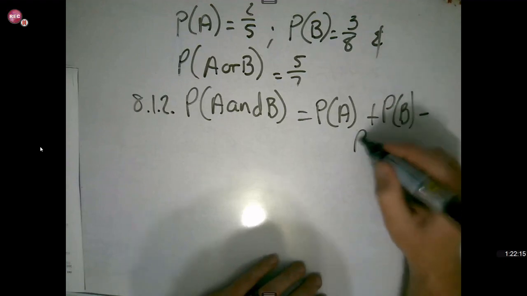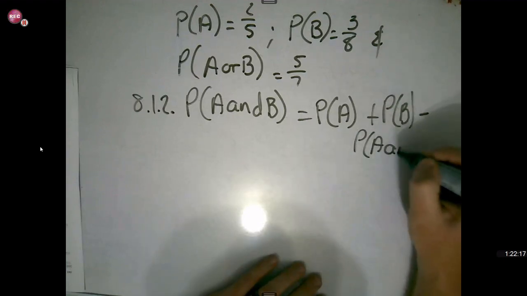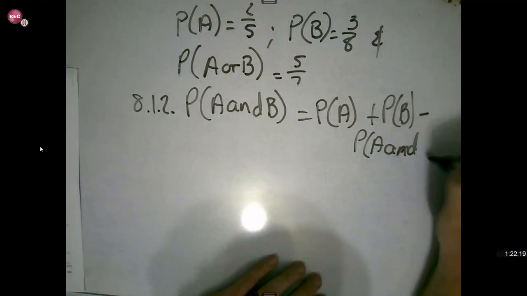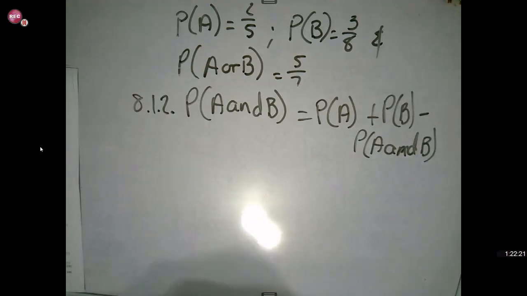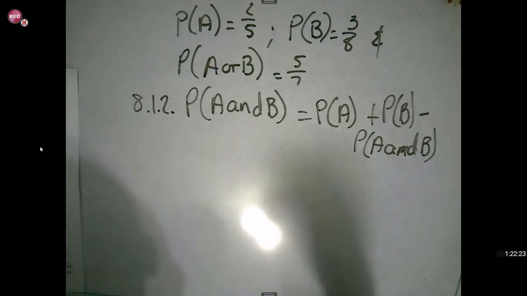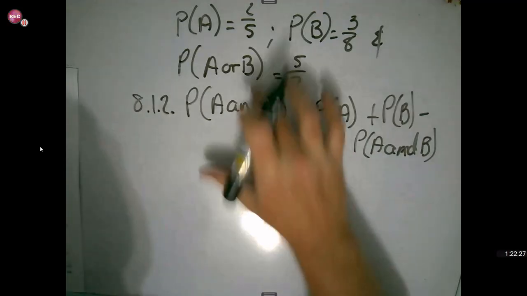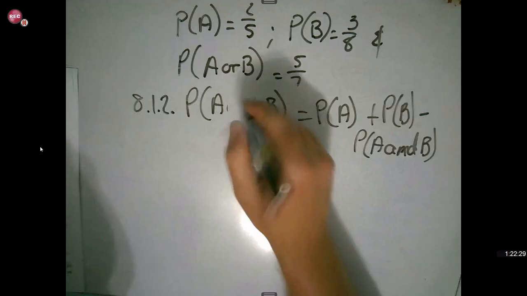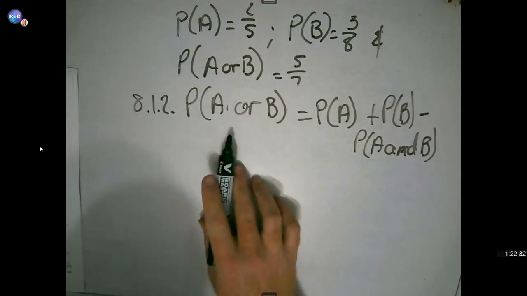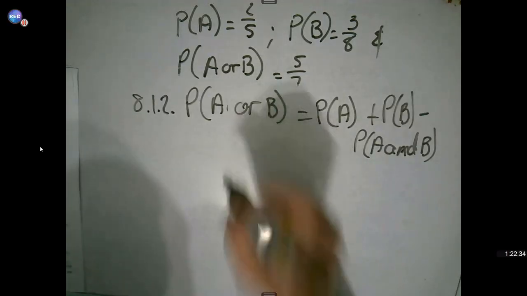Minus the probability of A and B. Sorry, I messed up the formula here. There should be OR. So, the probability for A or B is 5 over 7.